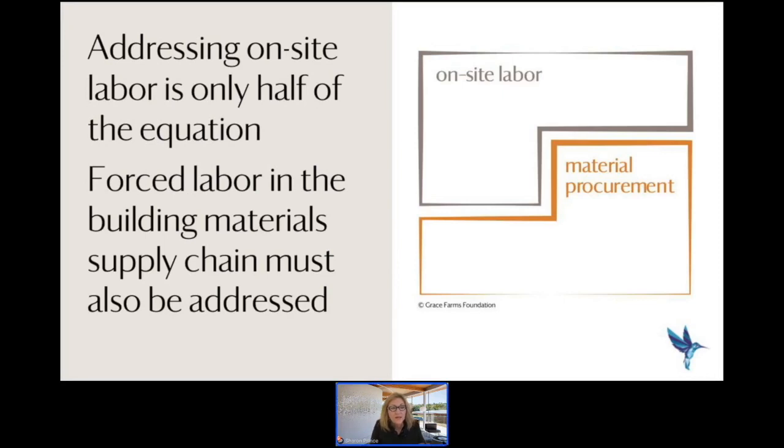More specifically, we're talking about addressing on-site labor. This is material procurement, but we are addressing only half of the issue when we only talk about on-site labor. So the examination for this session is on material procurement.